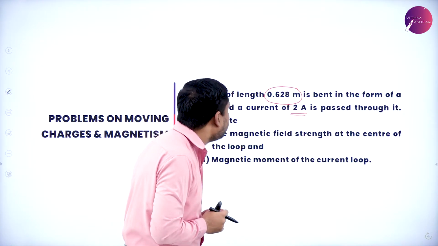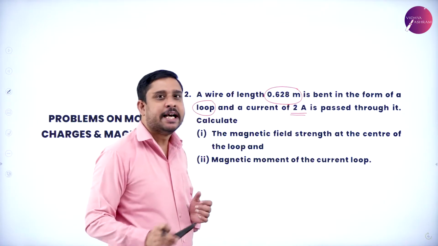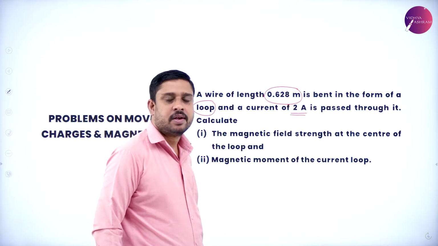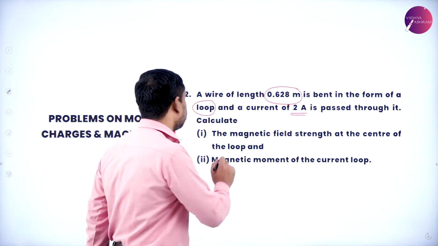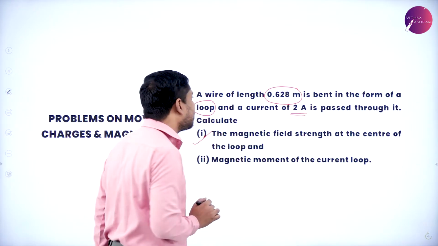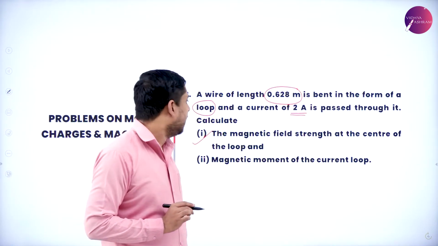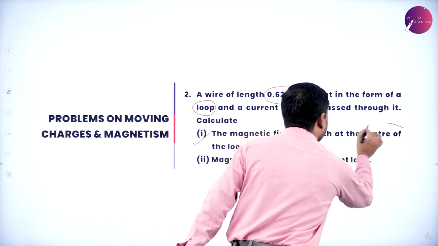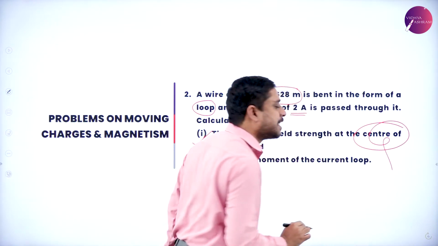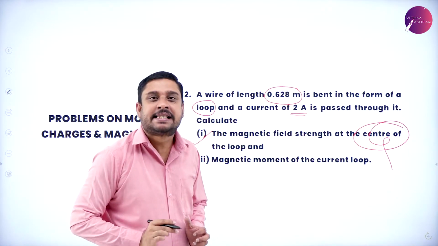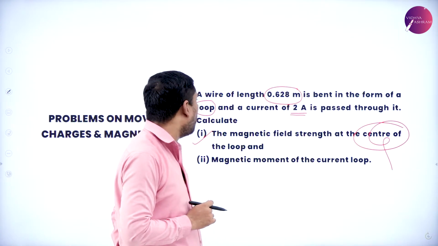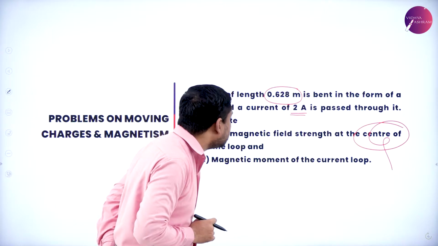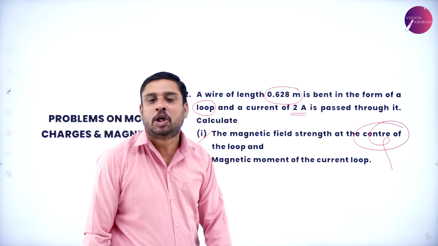Calculate the magnetic field at the center of the loop and magnetic moment of the current loop.